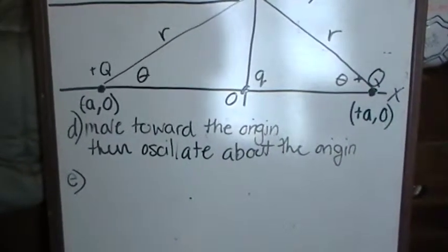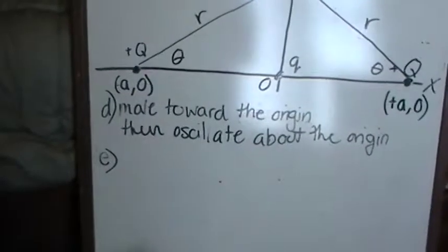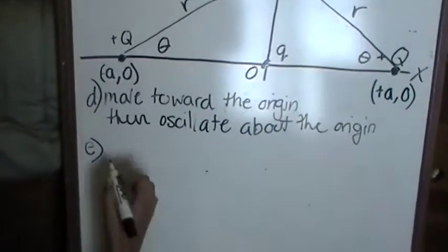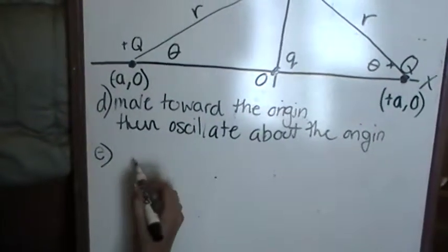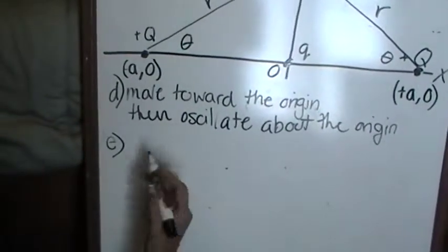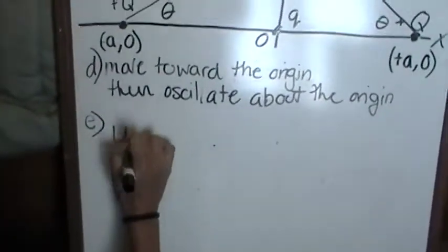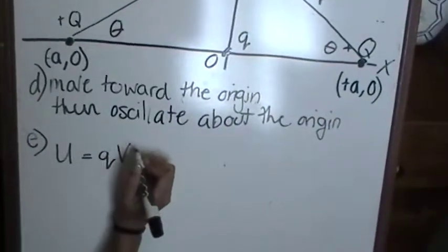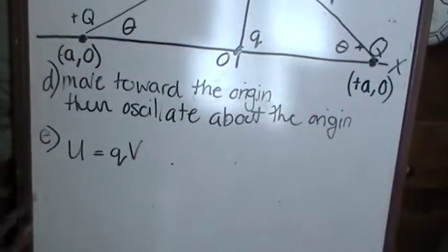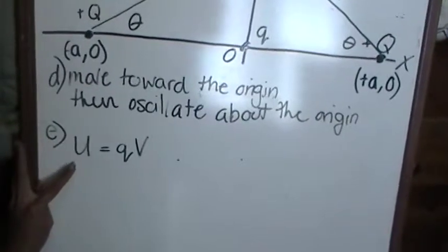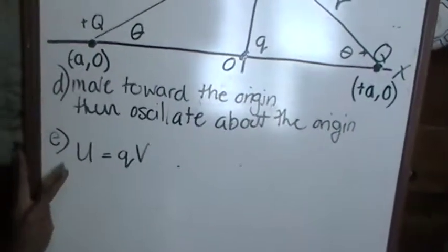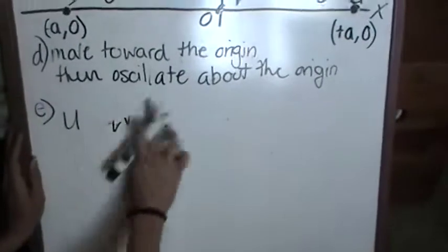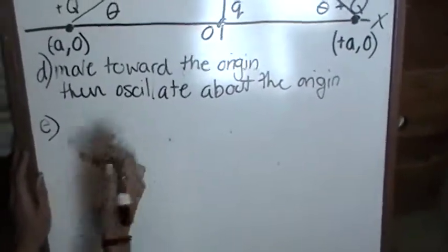So then you can use an expression like U equals QV, and then you know that U equals K, and K equals 1/2 mv squared, and then, hold on, let's use the other one.